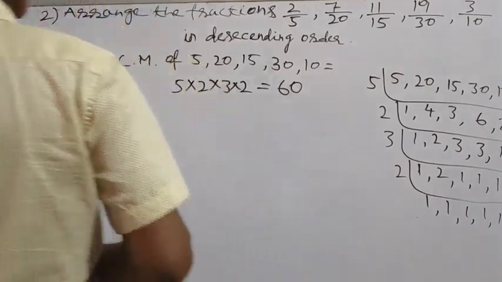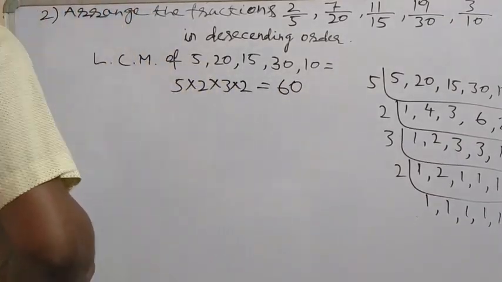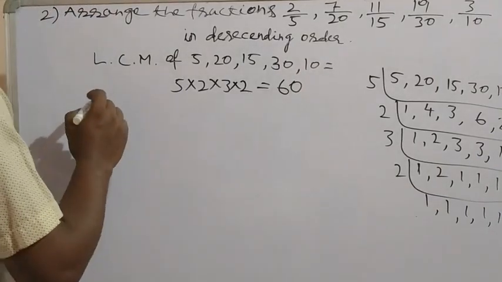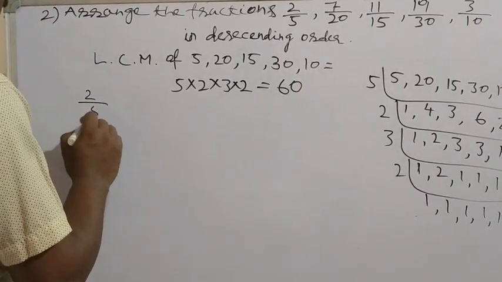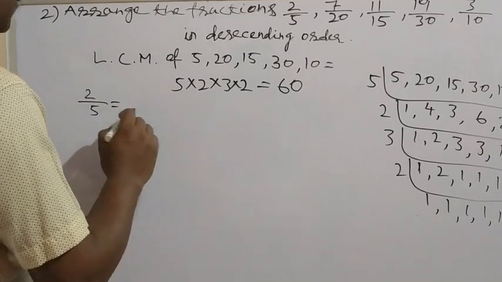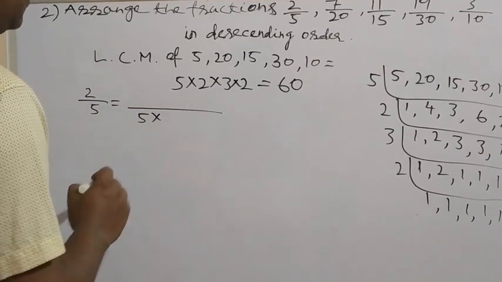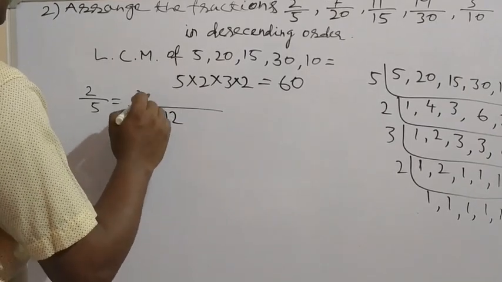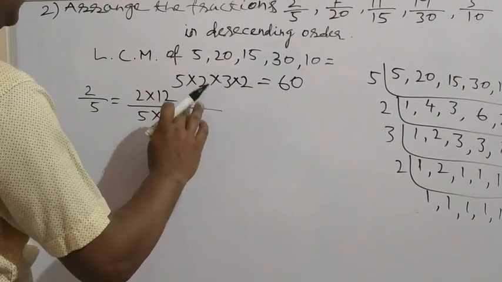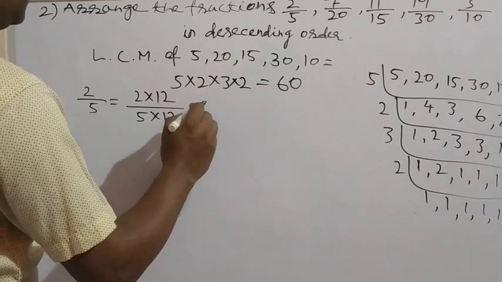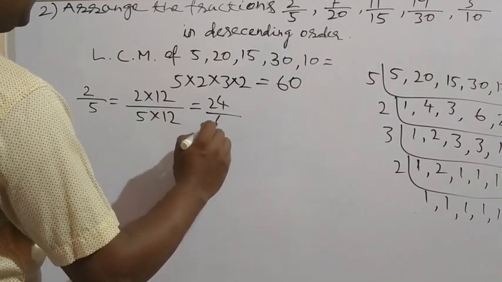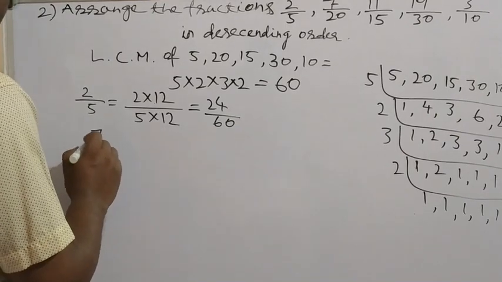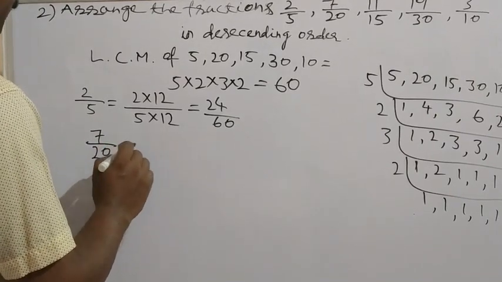Got the LCM? Now we have to make them like fractions. The first fraction is 2 by 5. What will we multiply in the denominator to get 60? 12. So in the numerator also we multiply 12, so it becomes 24 by 60. The next one is 7 by 20.